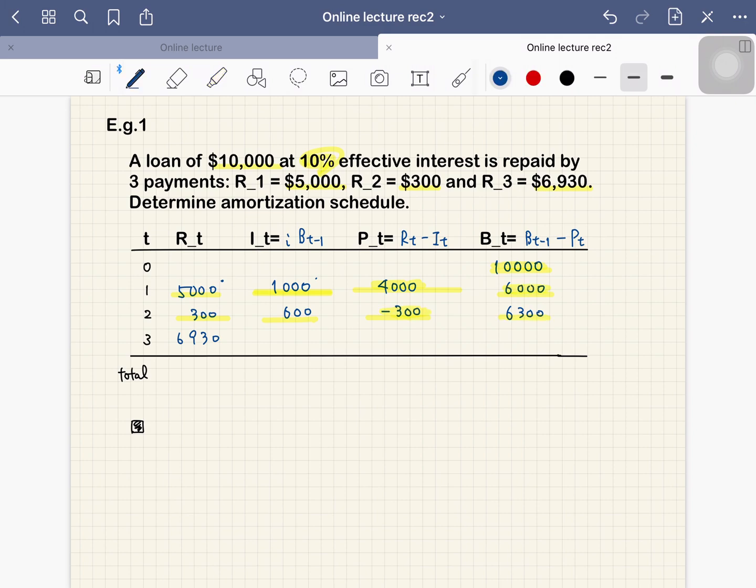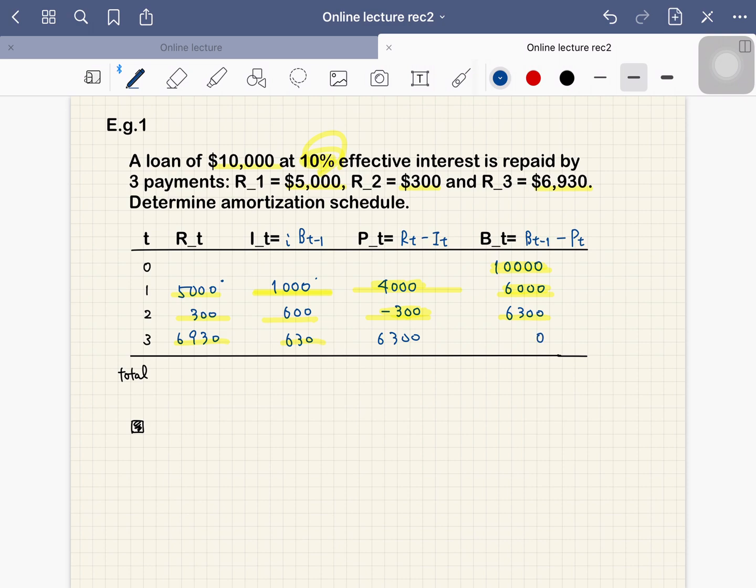In the same manner, the 10% interest on this balance is 630. The total payment is 6,930, so this minus this is 6,300. Finally, the balance becomes 0.